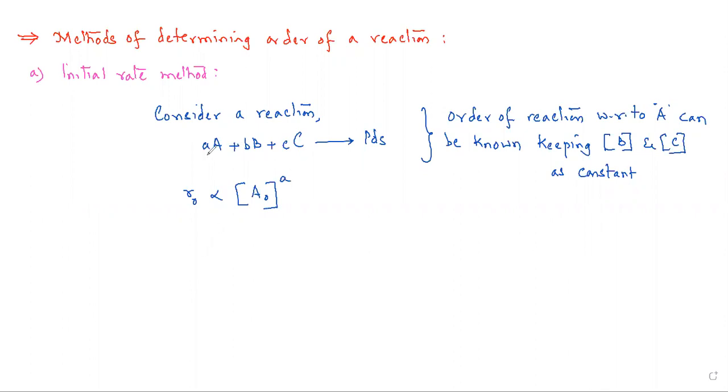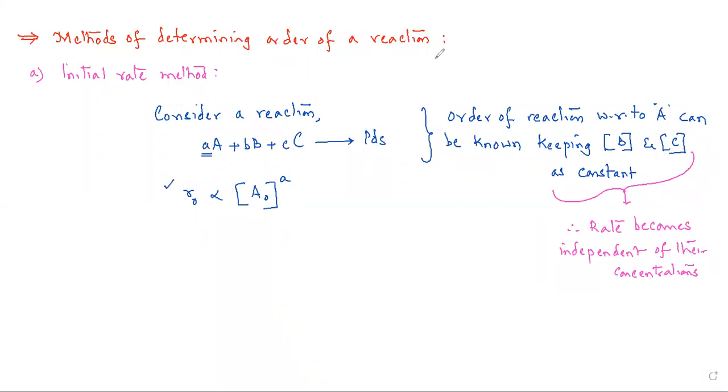Now, this is what we have to derive. We have kept the concentrations of B and C constant so that the rate becomes independent of their concentration. Right? Now, this is the basic expression.